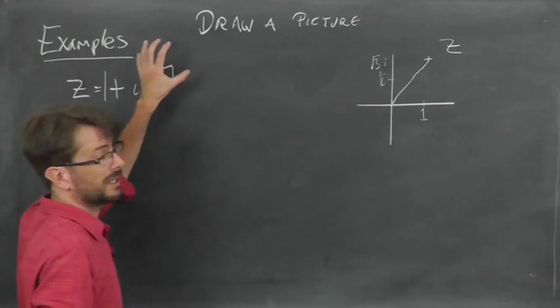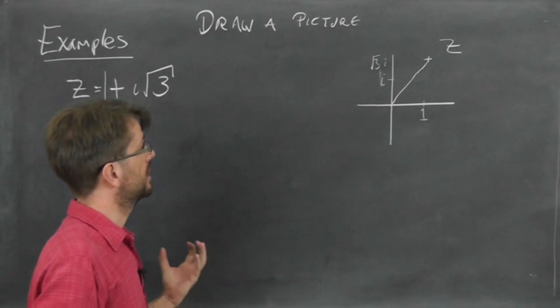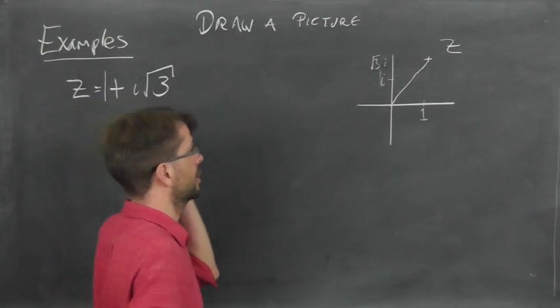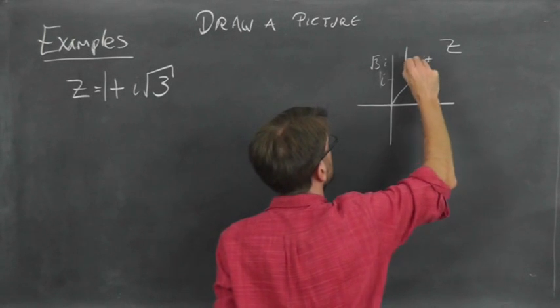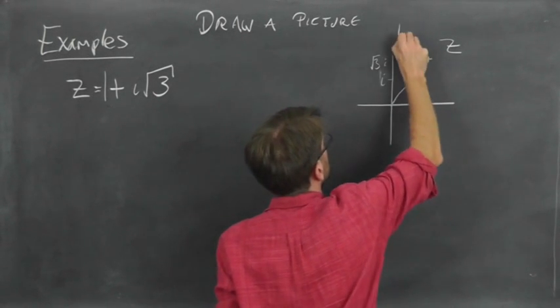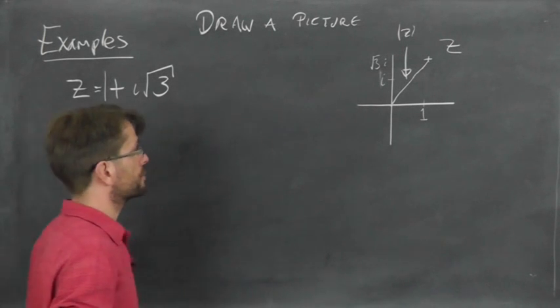We're trying to calculate the polar form of this complex number. So what we need is its modulus and its argument. So the modulus of z is just the length of that line.